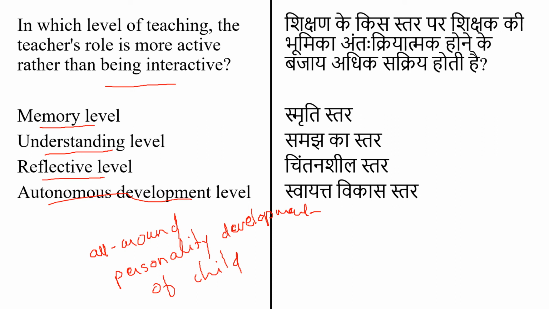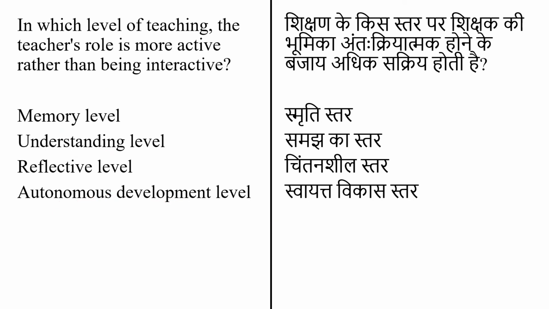To follow the stages of development, the learner or teacher try to achieve the desired educational outcome. According to Morris, the teaching learning situation may be classified on a continuum with the range from the thoughtful to the thoughtless operation. So here in this question the correct answer will be option number B. In understanding level, the teacher role is more active rather than being interactive.